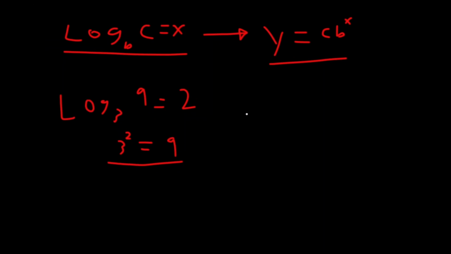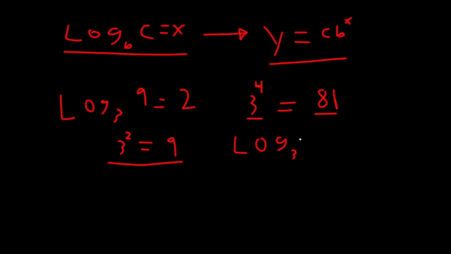But you can also do this in reverse. For example, we have 3 to the 4 is equal to 81. If someone was asking you to write the equation in logarithmic form, what you do is you take this number with the 4 above it, you write log, and the number below becomes your base. So this is the log base 3.